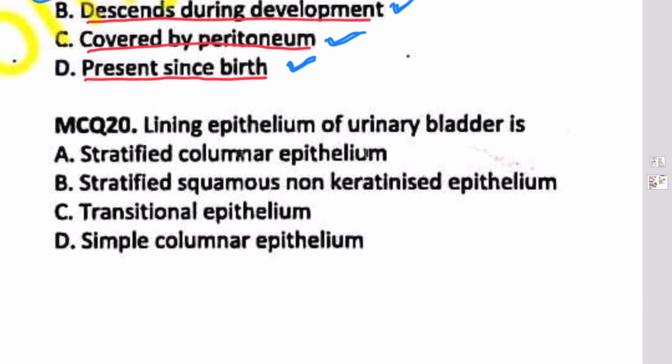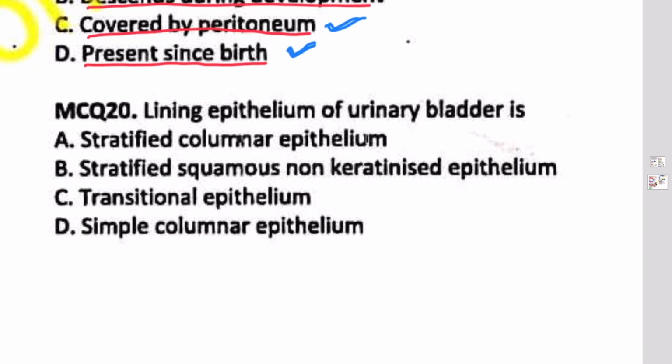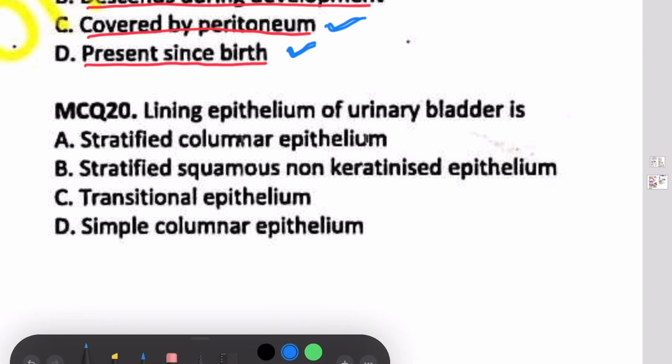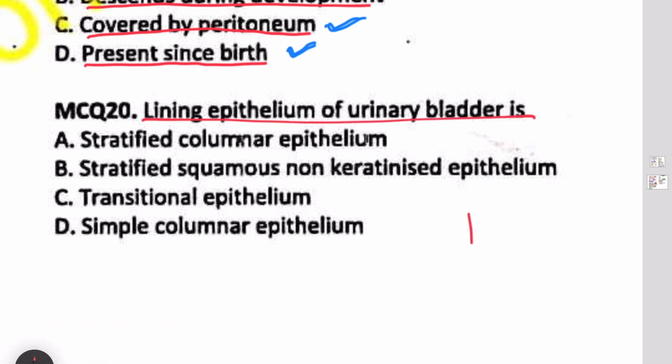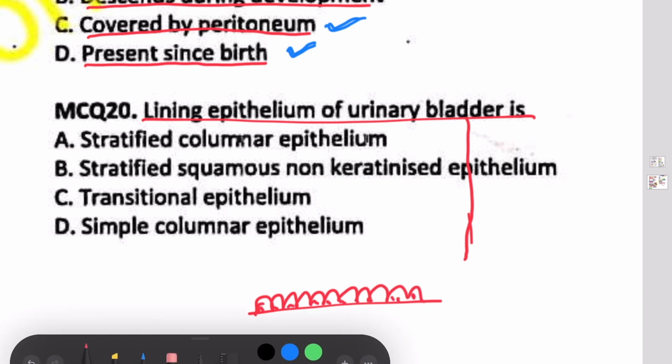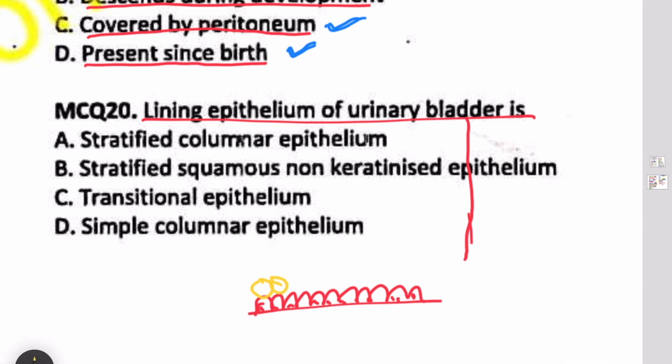Then last question is lining epithelium of urinary bladder is. It's a super hit question, need not waste much time. Lining epithelium of urinary bladder, just a short fast diagram: the basement membrane, you have these simple cuboidal cells, and then you have these important pear shaped cells, right?